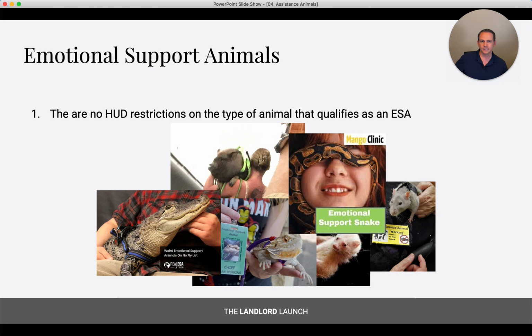Whatever the animal is, the point is that animal is prescribed to help a person emotionally, make them feel better, make them feel calmer, and is prescribed by a practitioner that is familiar with the person's disability, and they feel that this animal helps them deal with that.